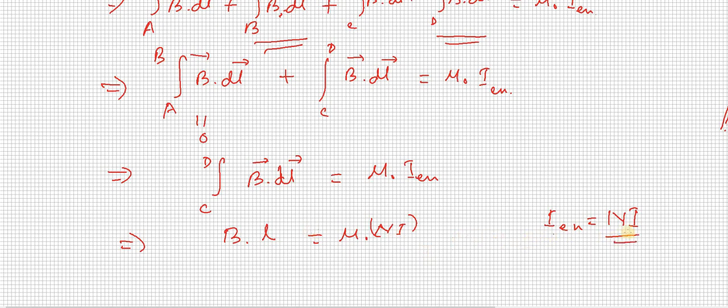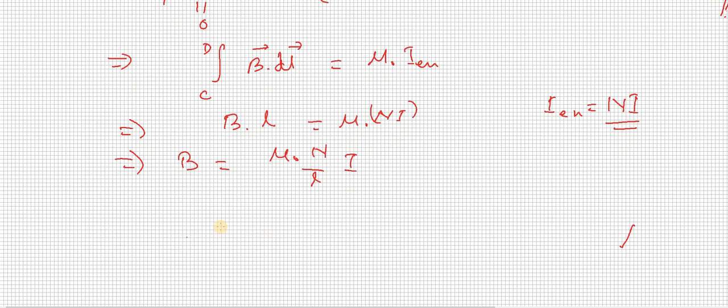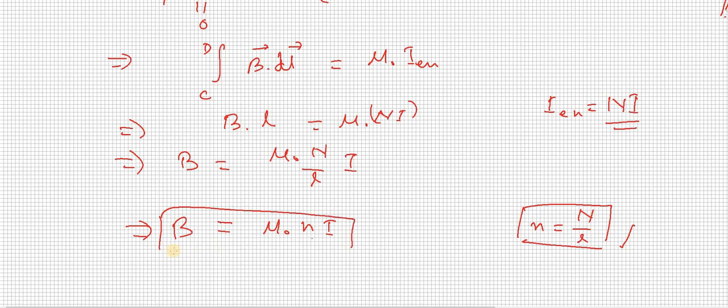So I enclosed equals N times I. So B equals mu naught N by L into I. As we have considered the number of turns per unit length to be small n equal to N by L, we can write mu naught n I. This is our final expression for the magnetic field due to a solenoid.